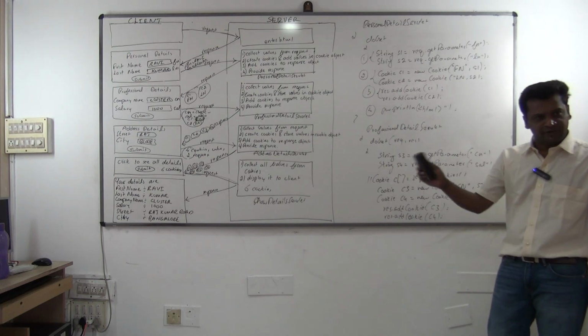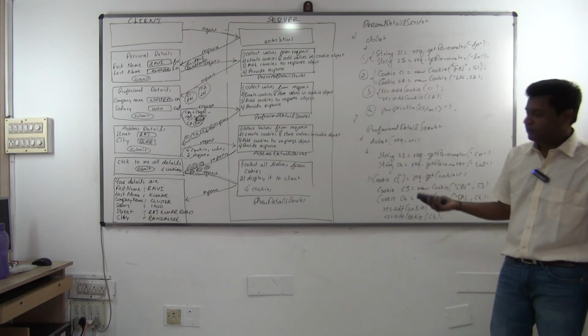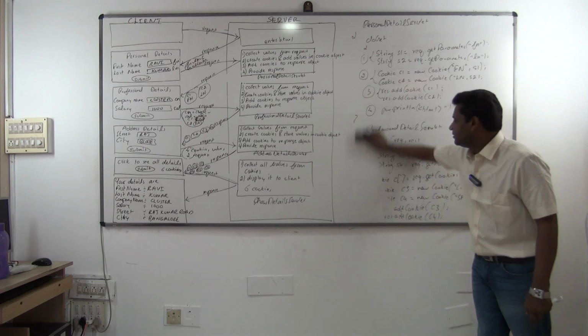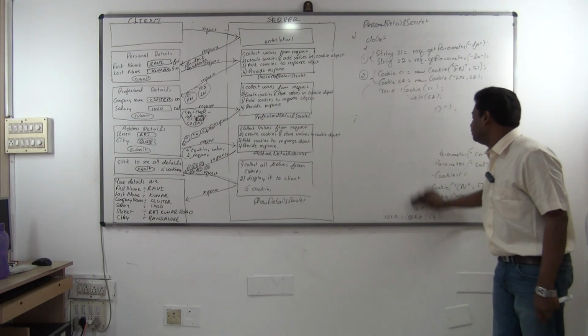So shall I clear the diagram? Or I'll show you one output, then I'll explain it, then I'll clear it. Otherwise, again, if you get doubt, I can't draw this again. So first I'll show you the output.